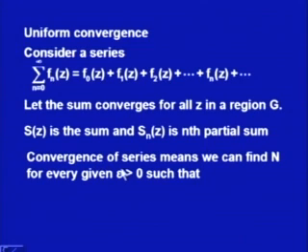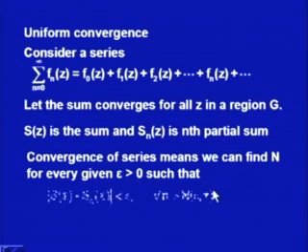Then convergence of this series means that we can find N for every given epsilon greater than 0 such that modulus of S z minus S n z is less than epsilon for all n greater than capital N, which will depend upon the epsilon we choose and the point z at which the convergence of the series is considered. This is the meaning of convergence.